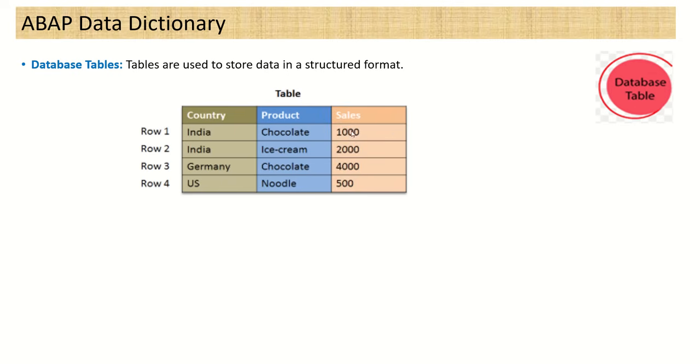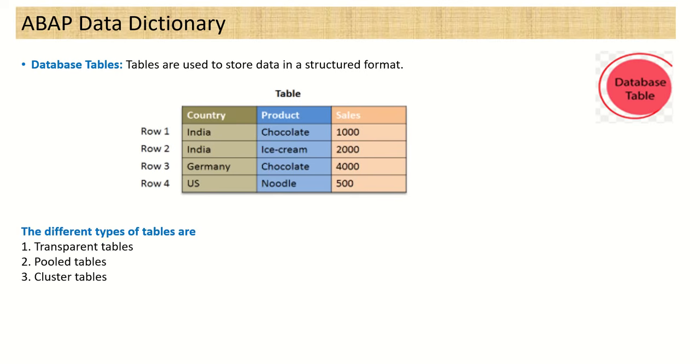Here we have 4 records, so 4 records and 3 columns. For example, India, the sale of chocolate, and the sales value is one record in this table. Whenever any transaction is done, we get a new record in this table. This is the general format of a table.